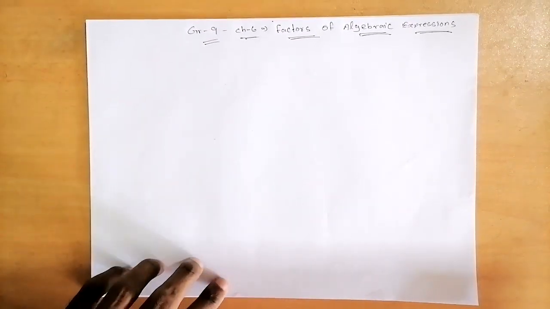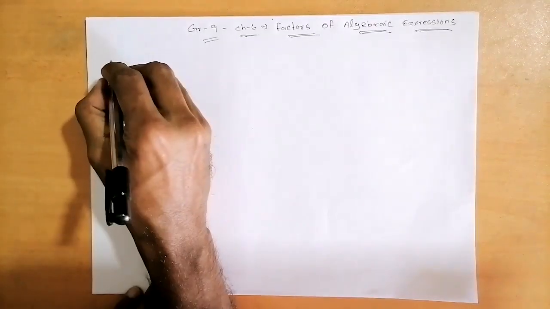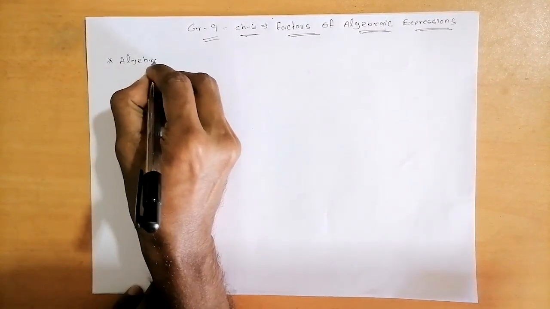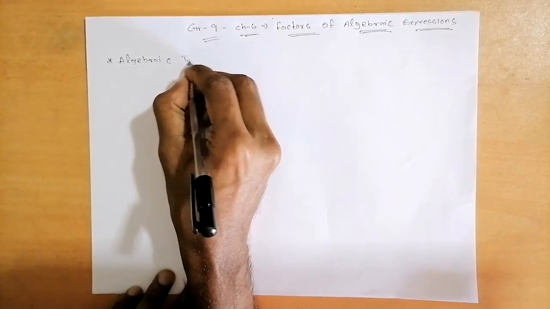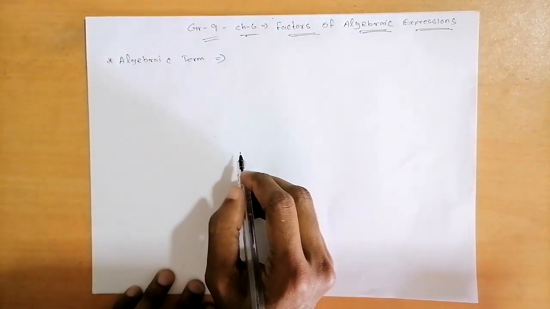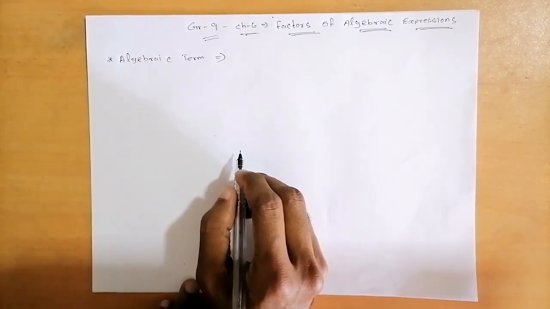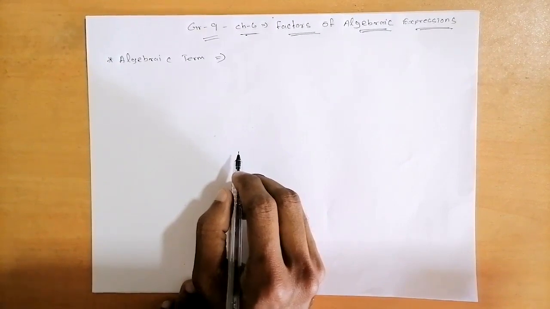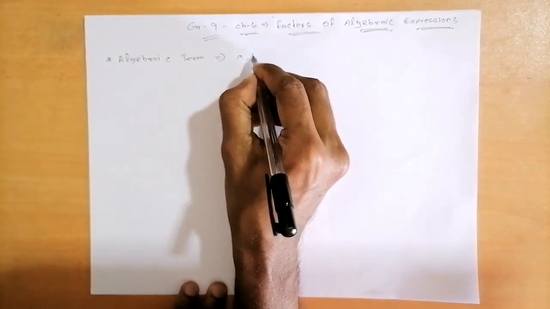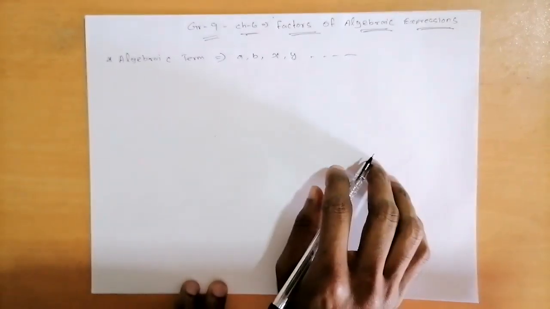First of all, what is an algebraic term? What does the word algebraic term mean? All the English alphabets we take in maths are taken as algebraic terms, like a, b, x, y, and so on.